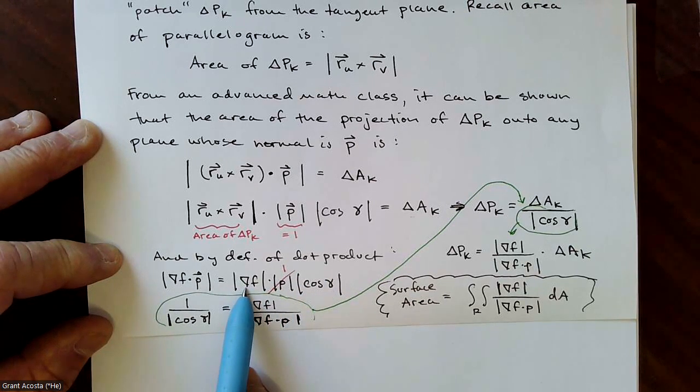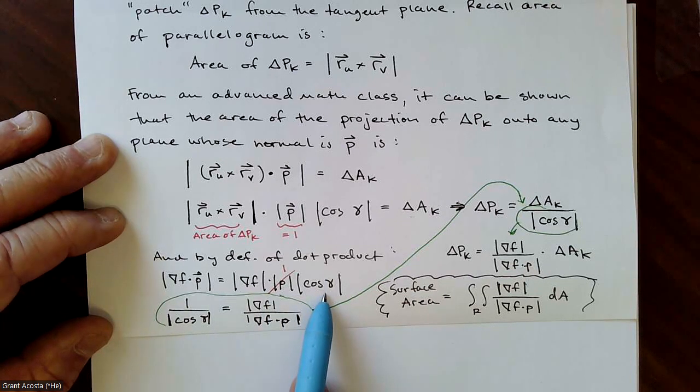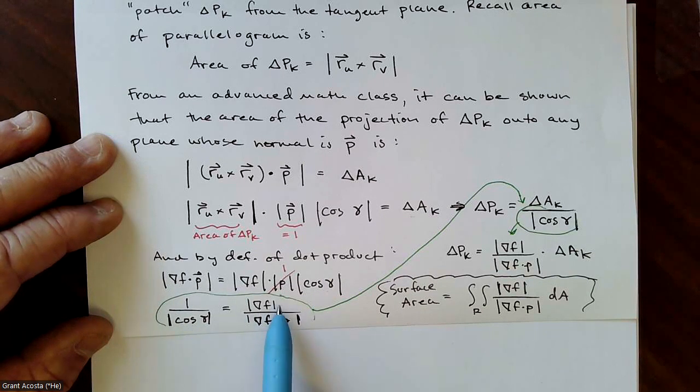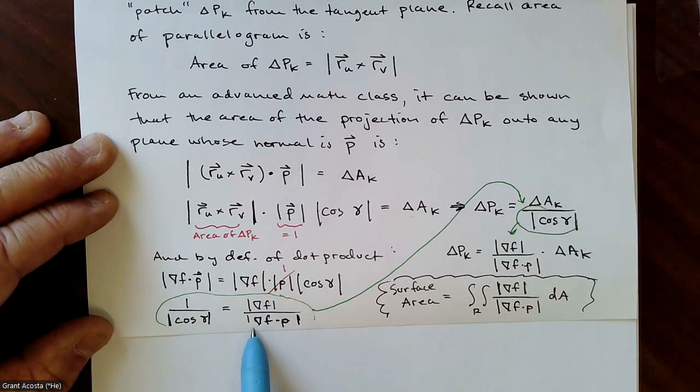So I get the magnitude of the gradient of F, times the magnitude of P, which is 1, times the magnitude of the cosine of alpha. If you divide both sides, I can solve for 1 over cosine of alpha, which is equal to the magnitude of the gradient divided by the magnitude of the gradient dotted with P.